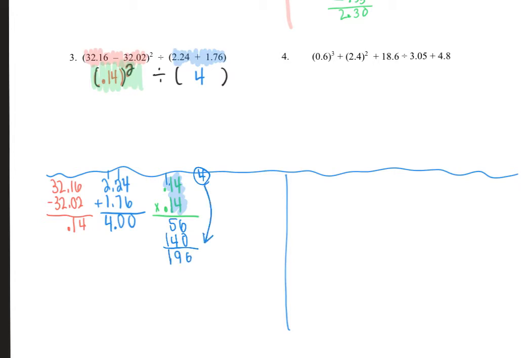I place this. Now I need 4 spots. So if I start here, I'm going 1, 2, 3, 4, and I have a hole there, so I actually get 0.0196.